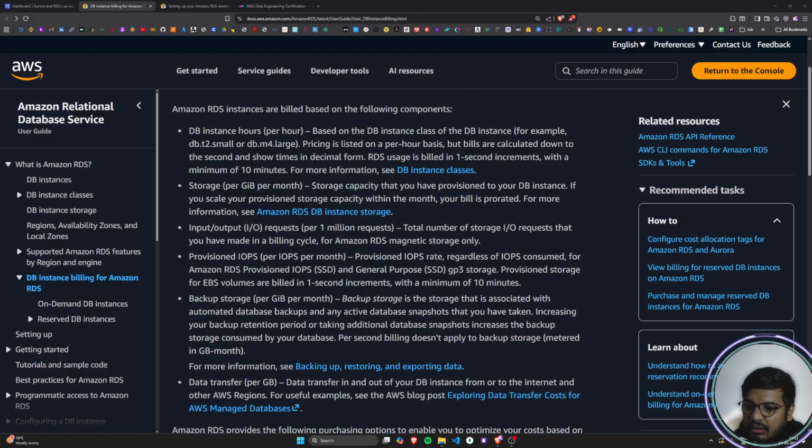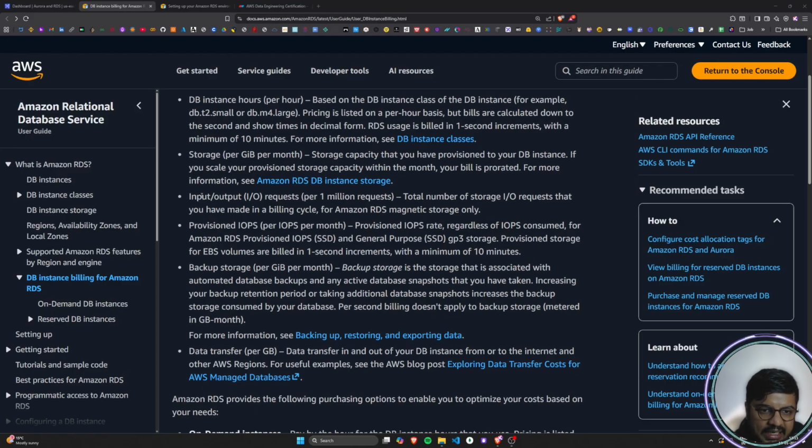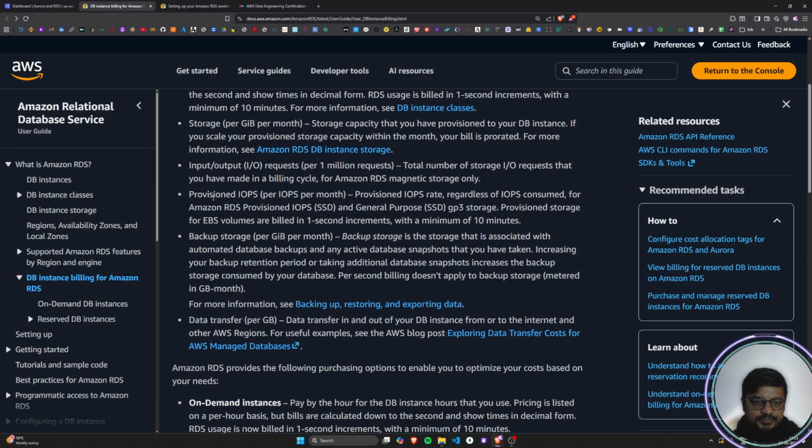Now, the third thing we will be charged for is input output requests, per million requests. So we are charged on a per 1 million request basis. This is the total number of input output requests that you have made in a billing cycle for Amazon RDS magnetic storage only. We have different kinds of storage: SSD storage, provisioned IOPS SSD storage, and magnetic storage.